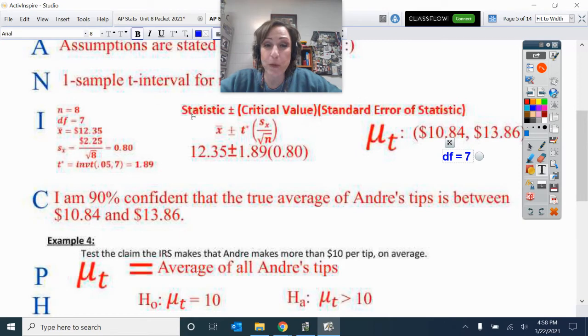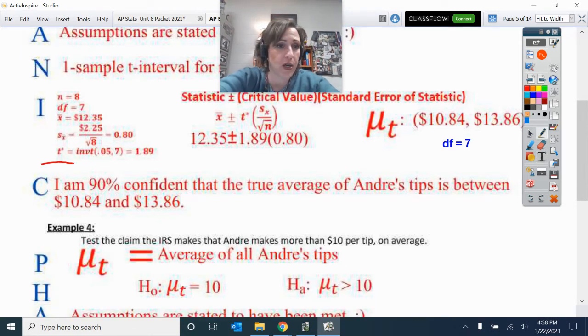We're doing these by hand again because it's just one, and I want to keep you able to do that. Let's remember that our intervals are made from that statistic, the sample mean. The sample mean was 1235, plus or minus the critical value, which is our inverse t of 0.05 with 7 degrees of freedom, times s of x over the square root of n.